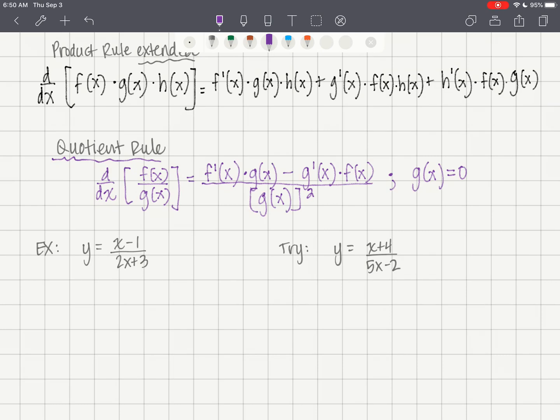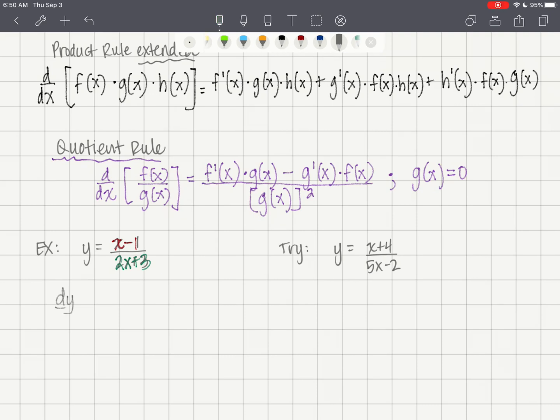Okay, so we have the derivative of the numerator times the denominator minus the derivative of the denominator times the numerator all over the denominator squared. And obviously the denominator cannot equal 0. Let me show you how this works. Again, I'm going to use color. So I've got x minus 1 in the numerator. I've got 2x plus 3 in the denominator. Here we go.